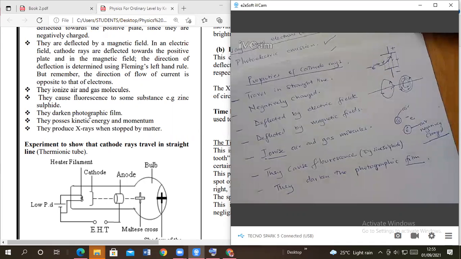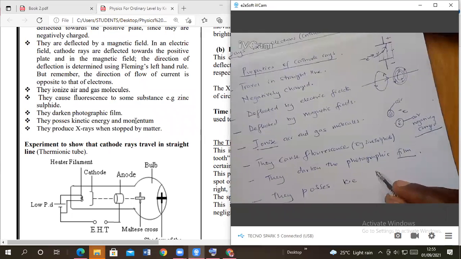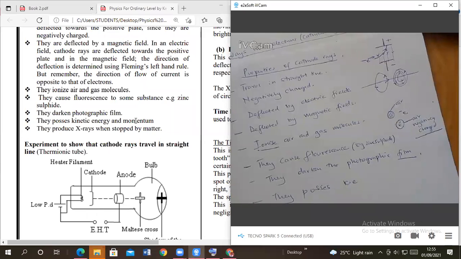We shall see how this photographic plate is used, for example, in a cloud chamber, those things that are ahead. They possess kinetic energy. Why? Because these electrons are fast moving, they are streams of fast moving electrons.